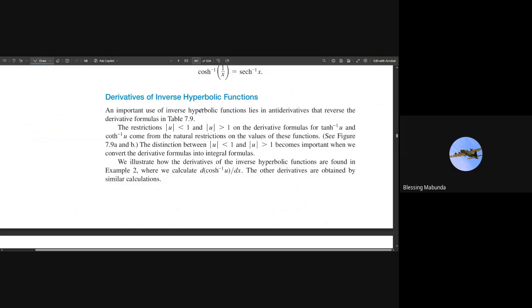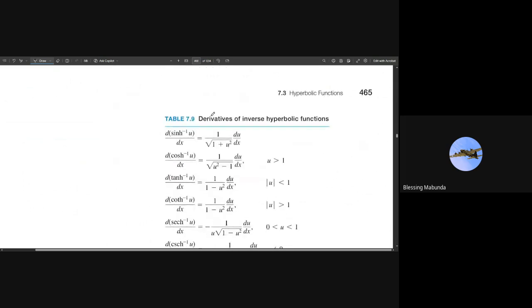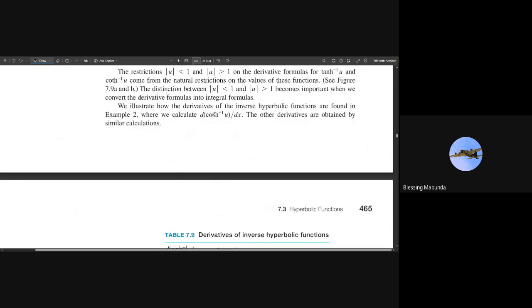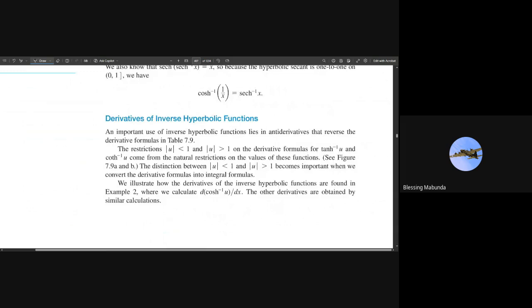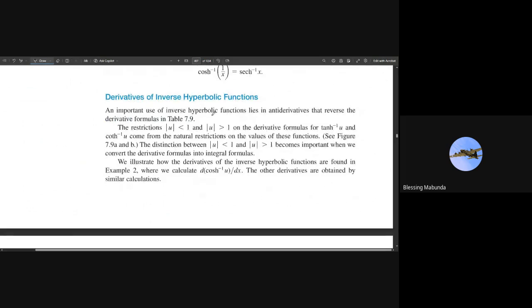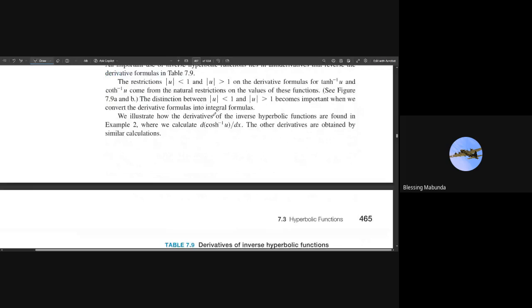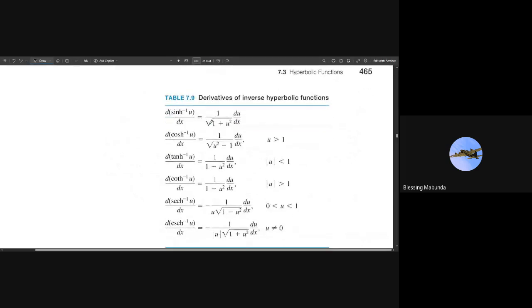And now let's consider derivatives of inverse hyperbolic functions. An important use of inverse hyperbolic functions lies in antiderivatives that reverse the derivative formulas that we presented above. Here we can essentially present them in the table.